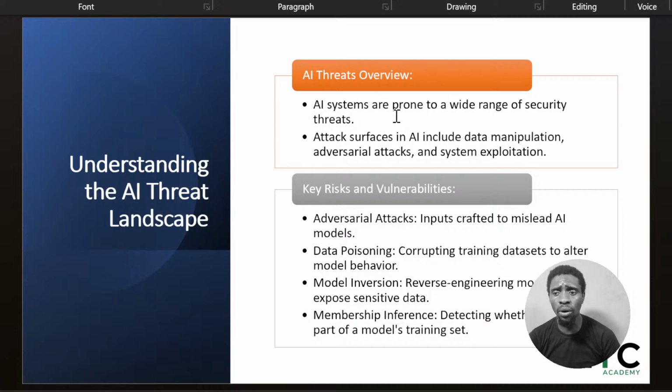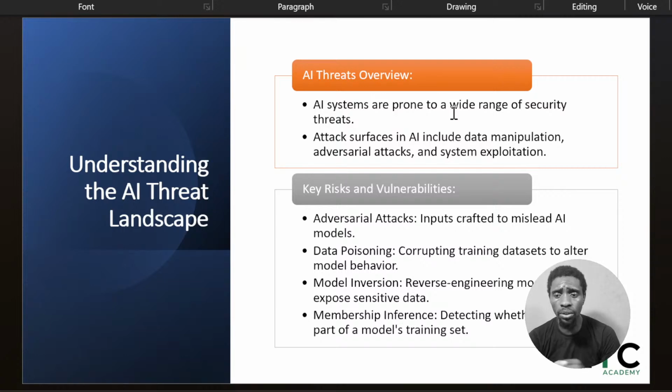Those are the five major components that form an AI system. Each of these components is a landscape and a surface for attack. An attack can happen to the model, the algorithm, the data, the infrastructure, or the application. So the landscape and surface for AI systems is largely broad.